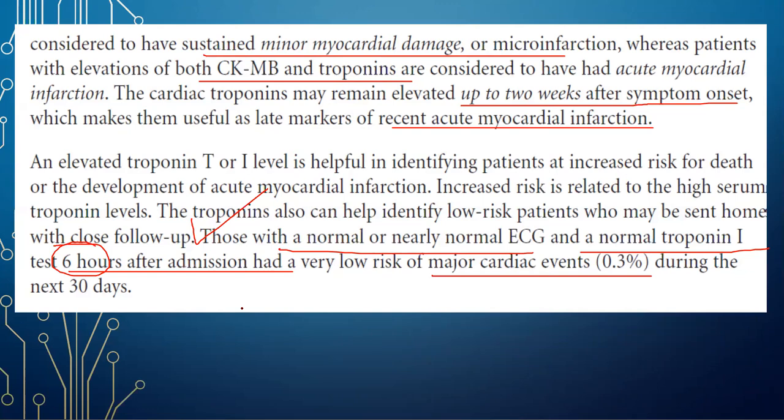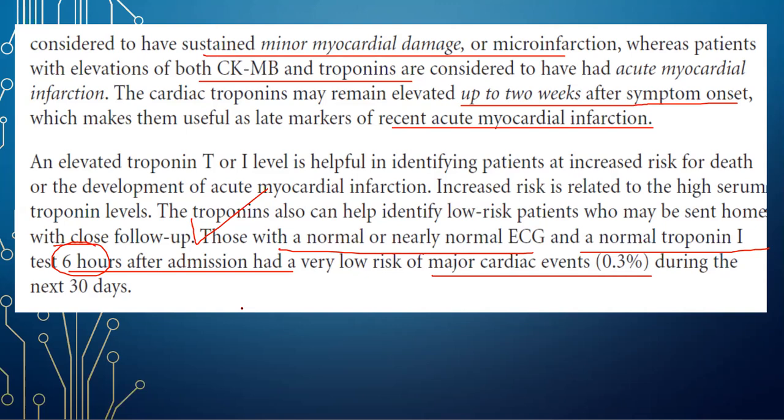So what you need to do is at least a repeat troponin in 2 to 4 hours. And if the troponin after 6 hours of onset of symptom is negative, then only you can discharge the patient and reassure the patient doesn't have MI.